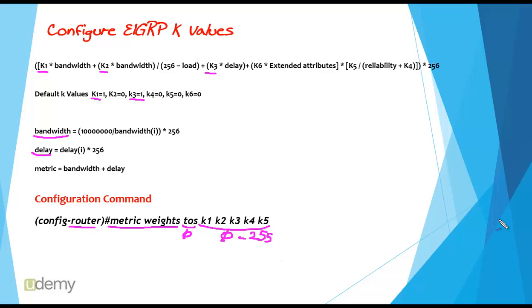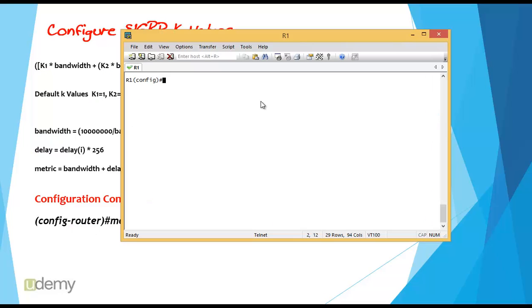255. If I want to show you this command, when we enter global configuration mode with the config t or configure terminal command, we could issue router EIGRP 1, for example, for IPv4 routing, and here we issue metric weights.